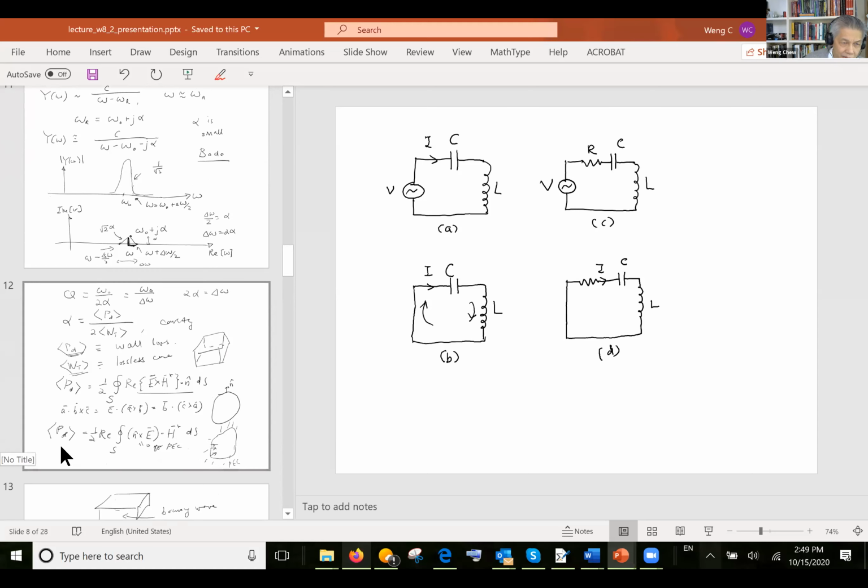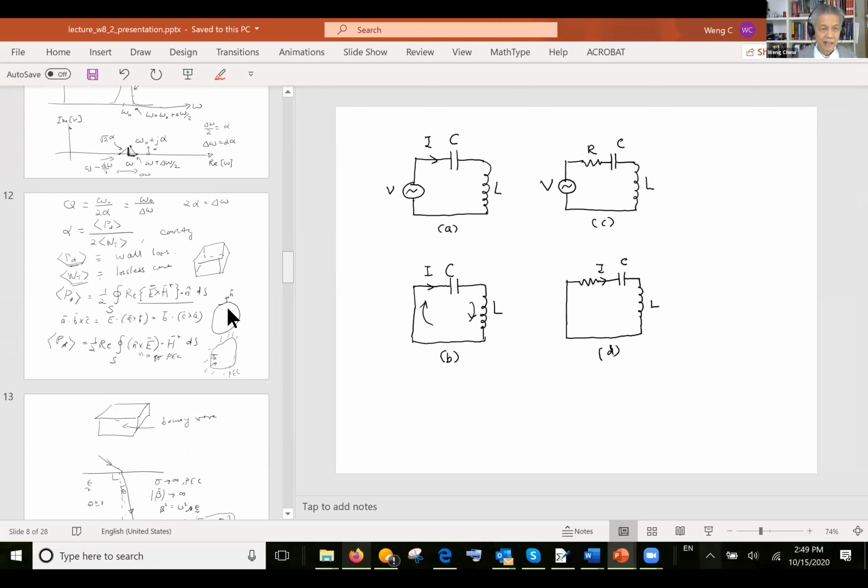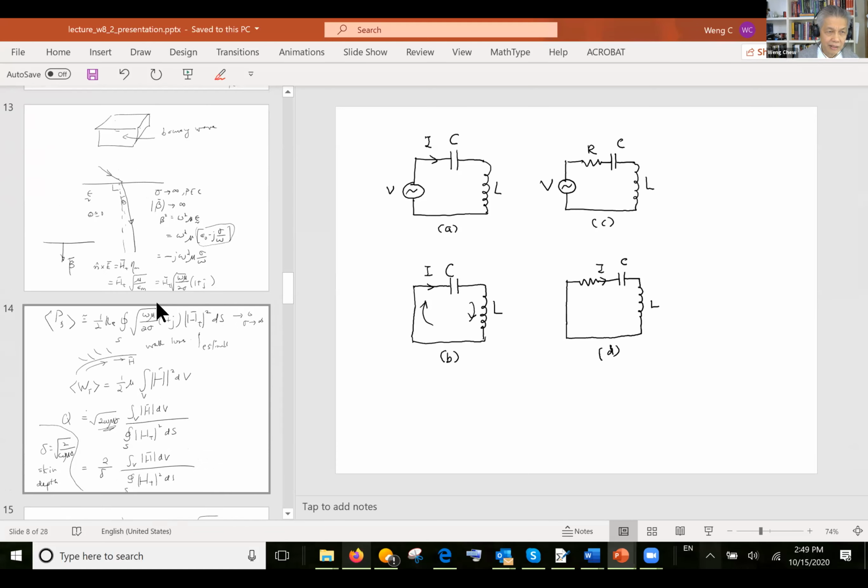And you can also do the same for a cavity resonator, because you can think of the resonance as the pole of the system. Here I just went through the rigorous mathematics, electromagnetic field theory, to find the wall loss. The wall loss is given by this formula. After some manipulation, you find the wall loss, and you can find the total energy stored in the field.